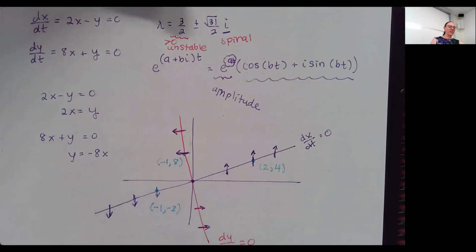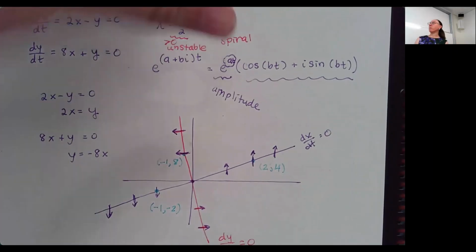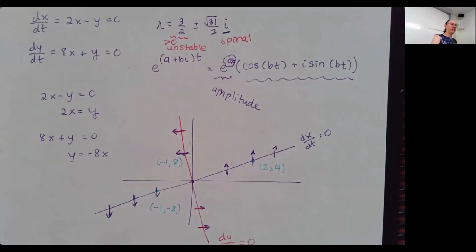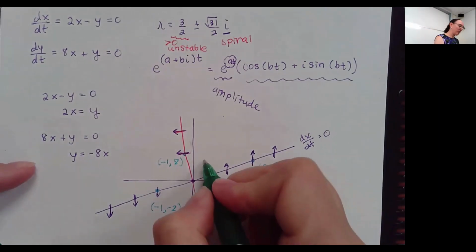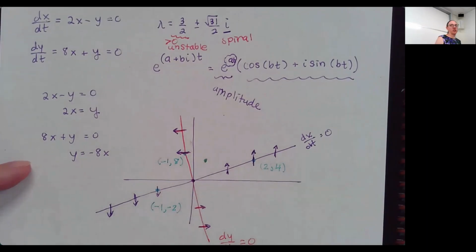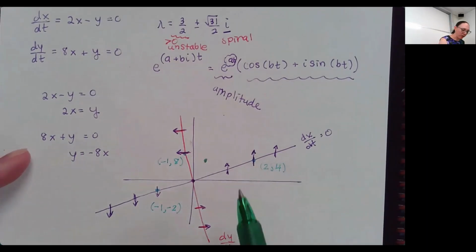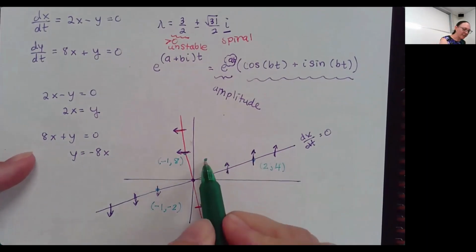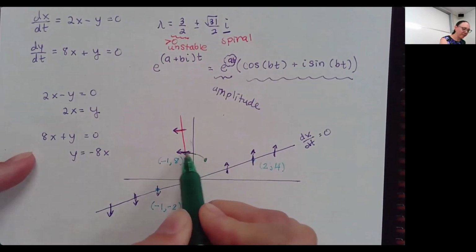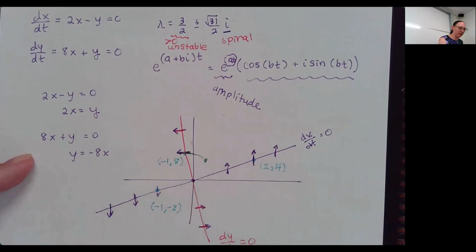Since I know that it's going to be an unstable spiral, if I were actually sketching a trajectory here, I would need to show that my trajectory is spiraling out, that the amplitude is getting bigger. So if I started over here and I was trying to show a trajectory, the important things are I need to cross the null lines in the direction, like in the flattened out directions.